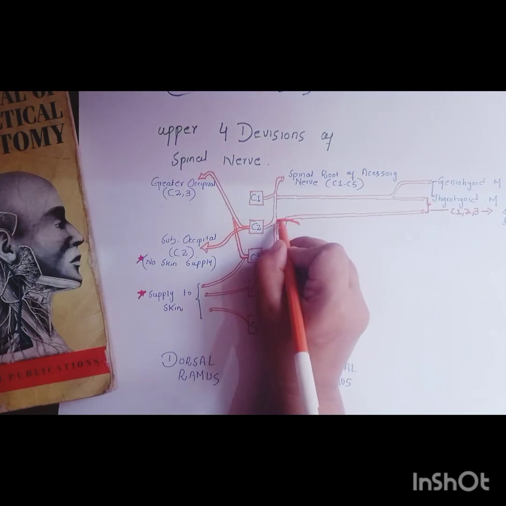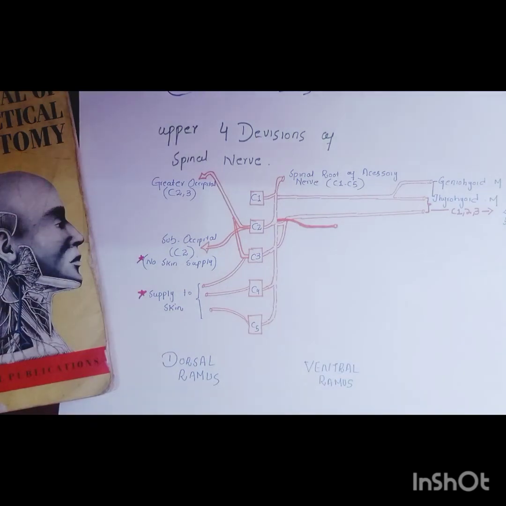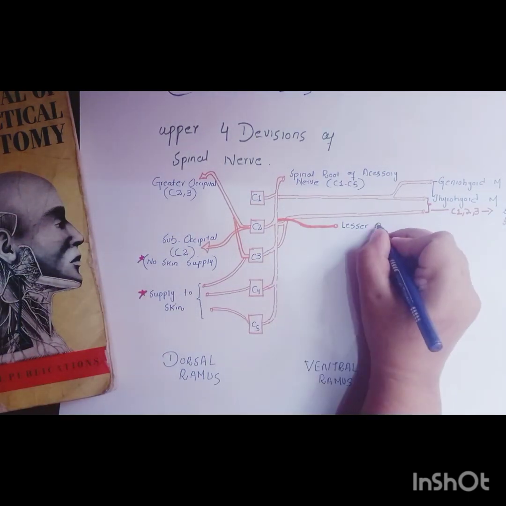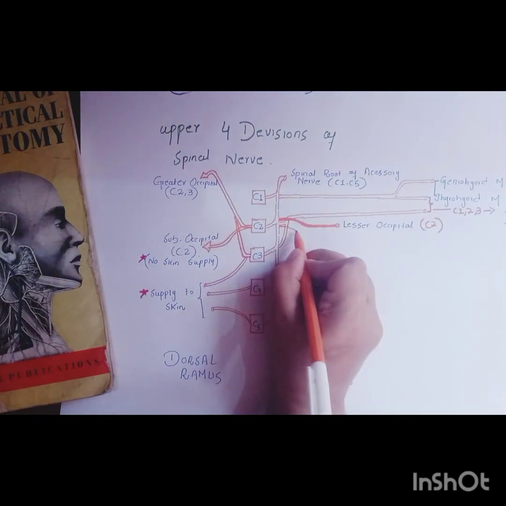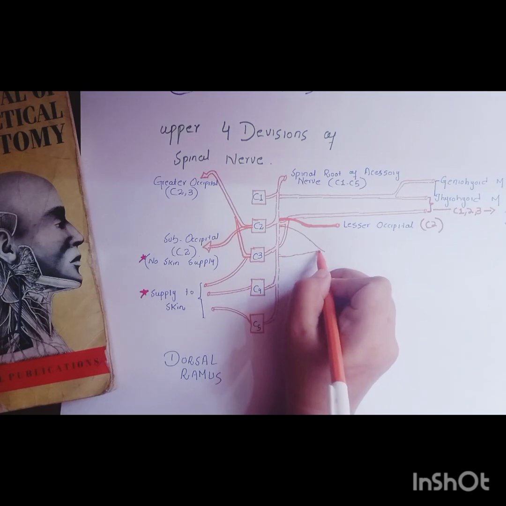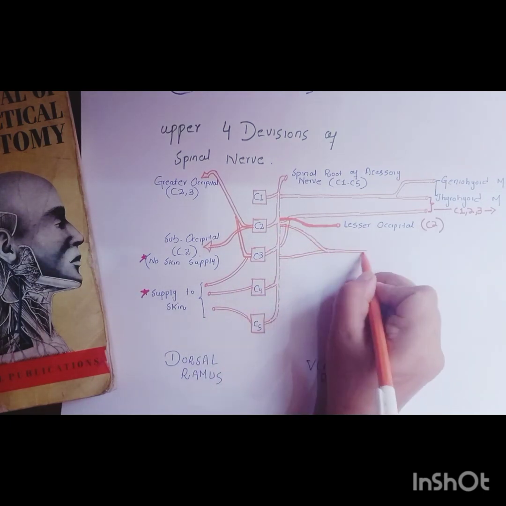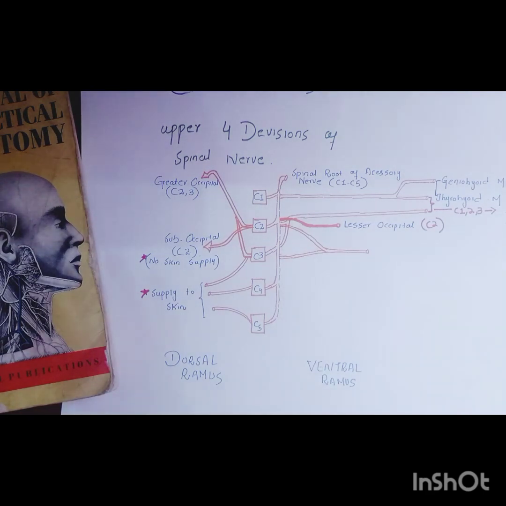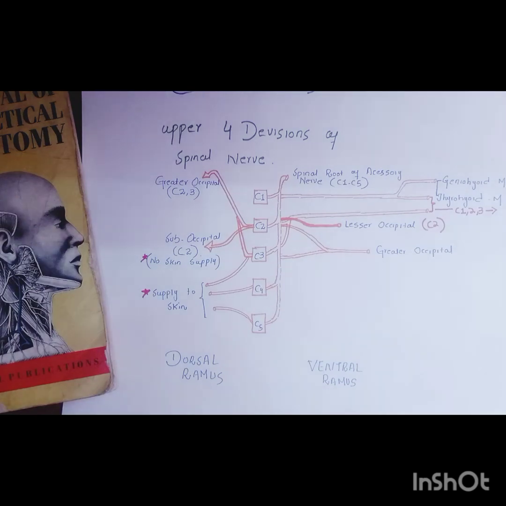Now, the main branch which arises from C2 is the lesser occipital, and after the lesser occipital, another important nerve known as the greater auricular nerve arises from C2 and C3, and it is specified to supply the auricular area of the face.